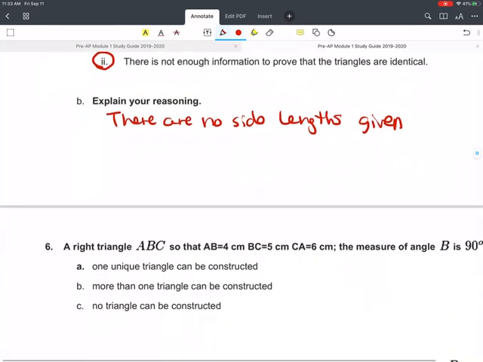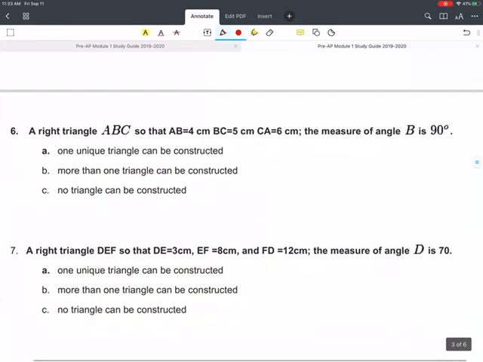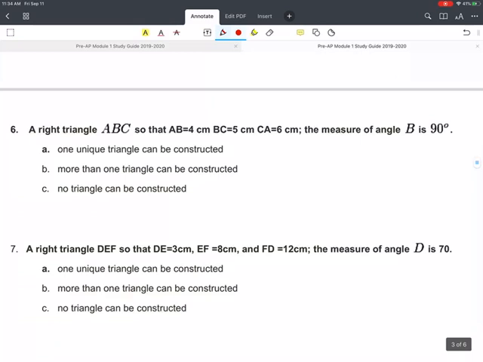All right. Number 6. A right triangle ABC so that AB is 4 centimeters, BC is 5 centimeters, CA is 6 centimeters, and it says the measure of angle B is 90 degrees.